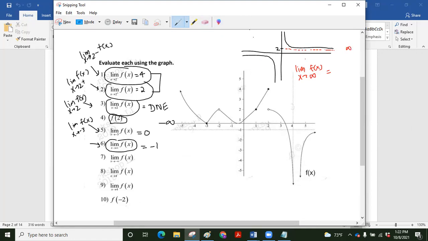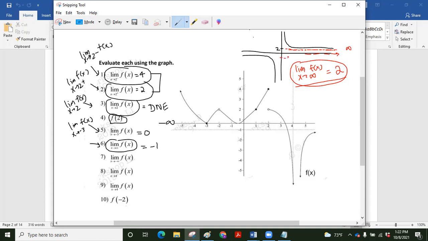This is infinity, correct? As our x values get closer and closer to infinity, we are approaching a horizontal asymptote. I keep confusing them, but this is a horizontal asymptote and this is a vertical asymptote. As we approach infinity, we are approaching a horizontal asymptote that is at 2.